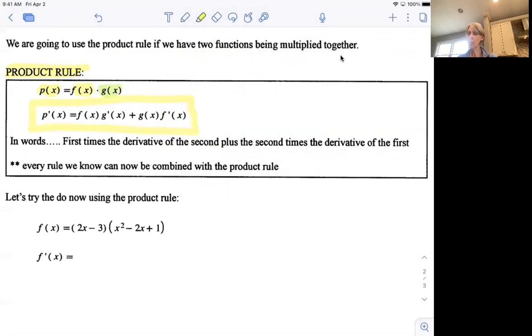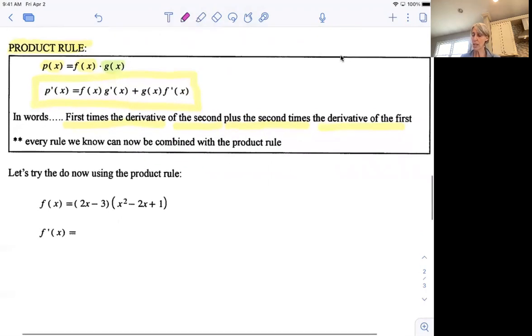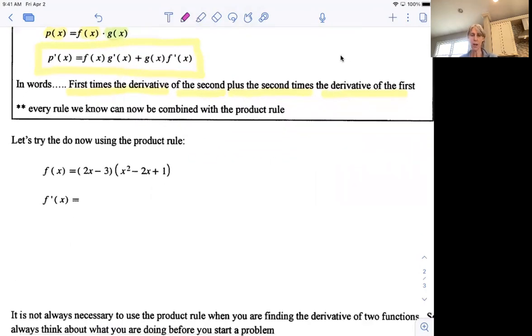Whenever I'm using the product rule, I always talk to myself in my head: the first times the derivative of the second plus the second times the derivative of the first. Any rule we already know can now be combined with the product rule. Let's redo the do now using the product rule this time.